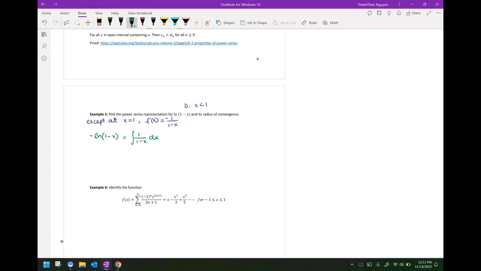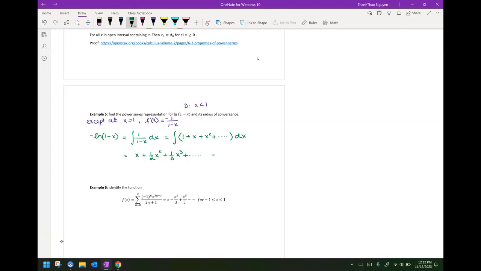Well, 1 over 1 minus x is a geometric series, right? The terms of the geometric series would be 1 plus x plus x squared plus so on and so forth, dx. Then I can take the integral. Then I have x plus 1/2 x squared plus 1/3 x to the third, so on and so forth.